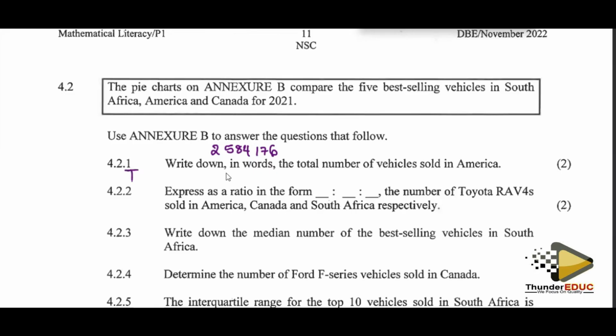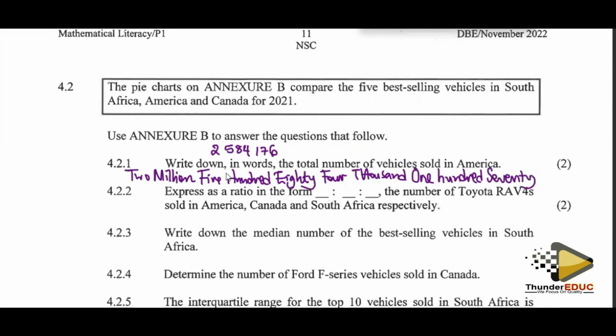So we shall say 584,000 100 76. That's how we write it in words.